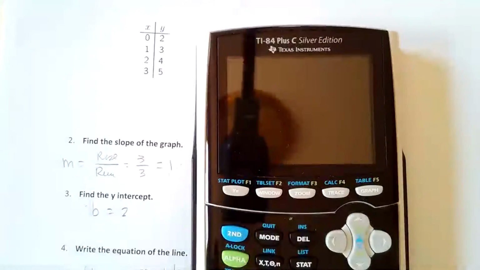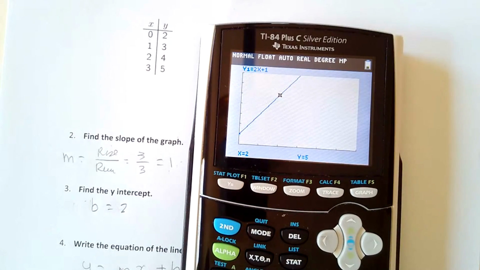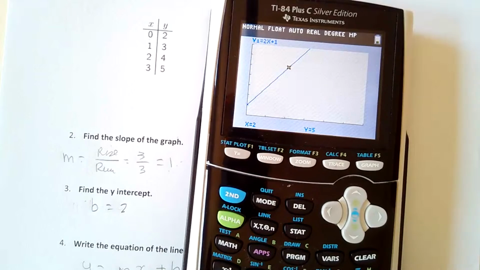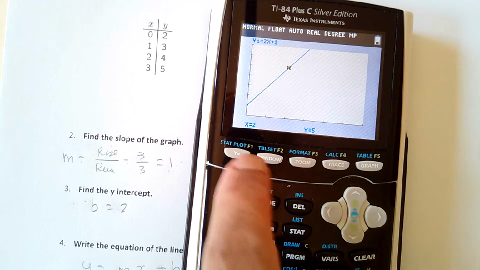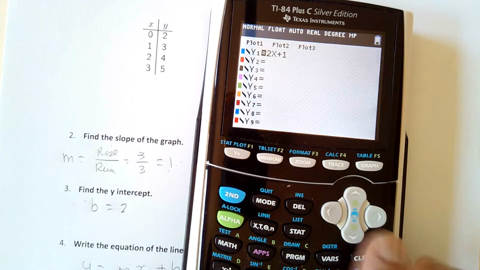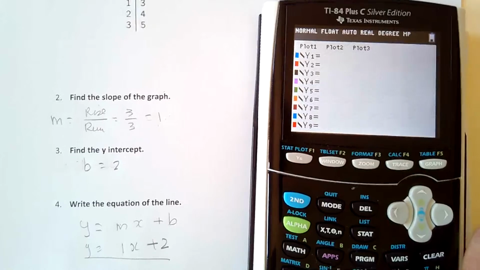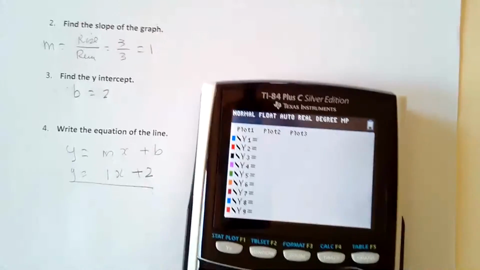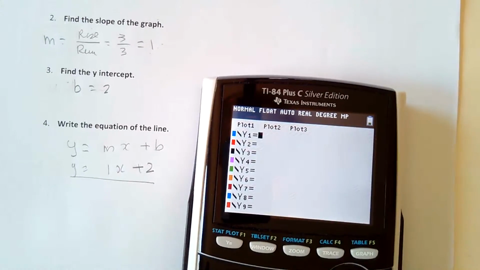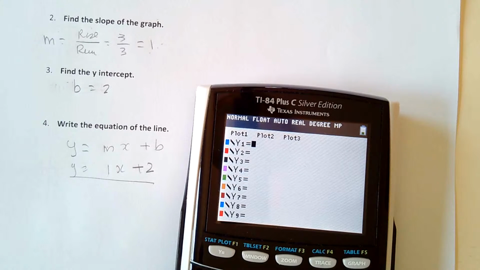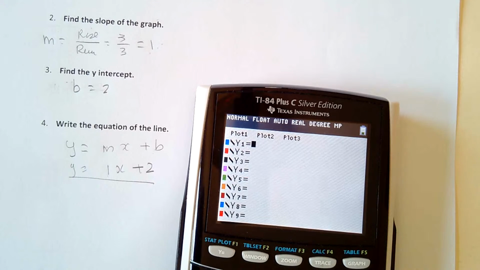Go to your graphing calculator or Desmos. I just have this handy here. I go to clear my y equal button, clear that, and I enter my equation, which is y is equal to 1x.